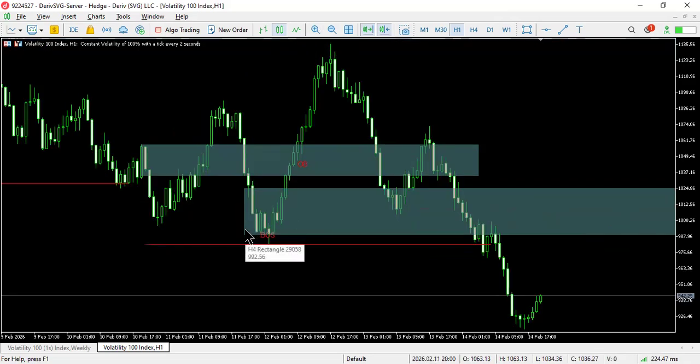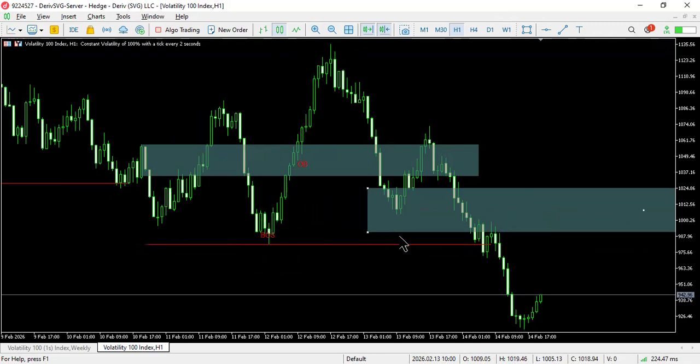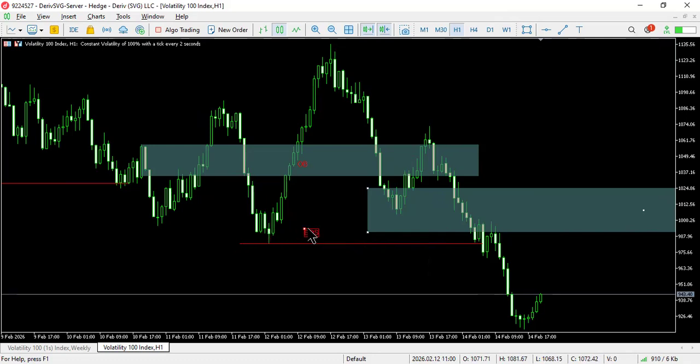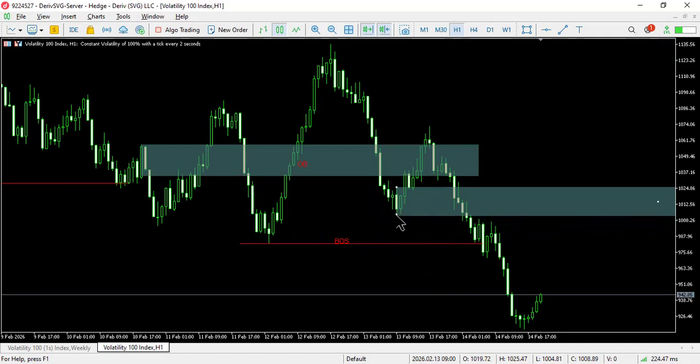From the 4 hours time frame, from the 1 hour time frame, our break of structure is right there. So we have our break of structure, and then the order block which caused the break of structure from the 4 hours time frame. It is that order block right there.